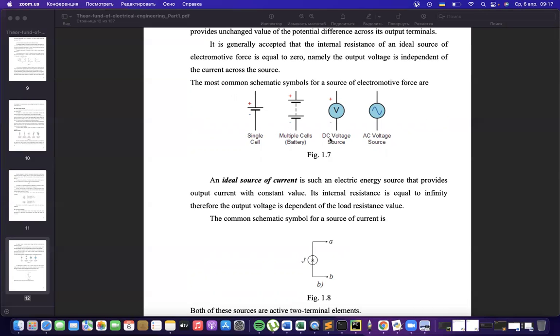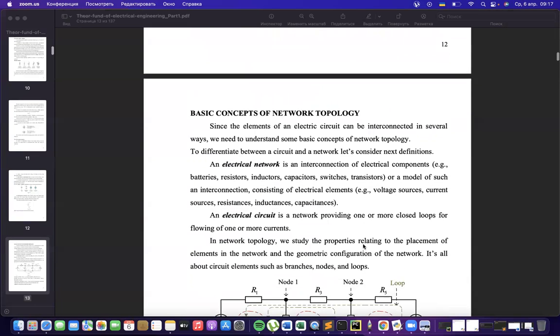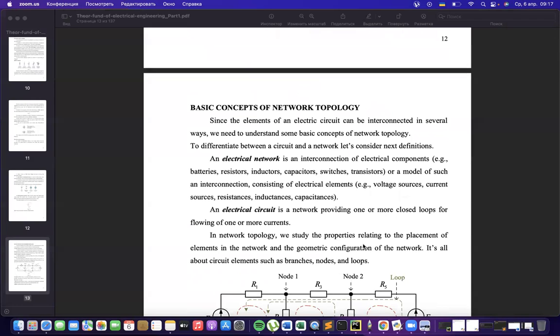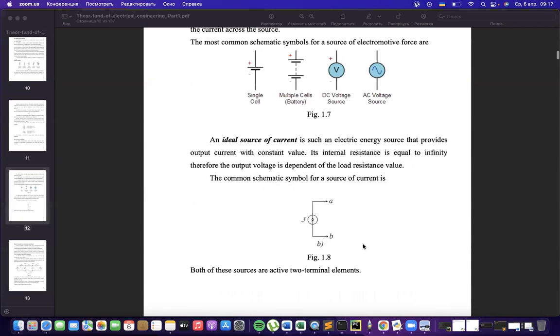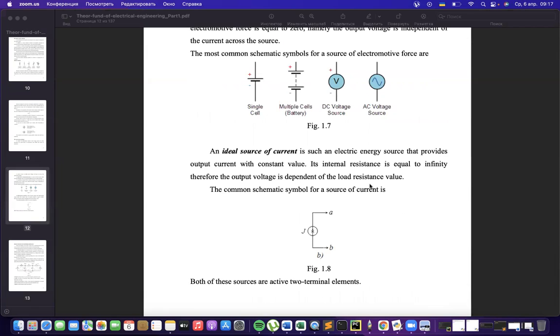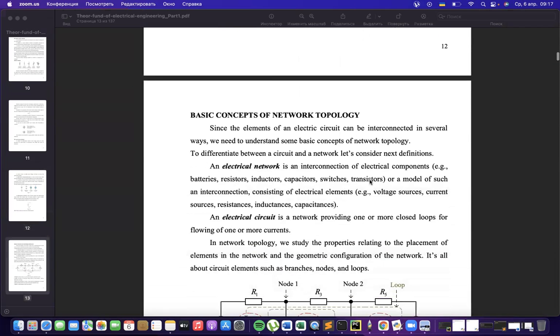For a voltage source, the constant voltage. For a current source, the constant current. And all other elements are named consumers or load or passive elements. It is a combination of resistors, and all energy that voltage and current sources produce is consumed by resistors in different parts of our system.